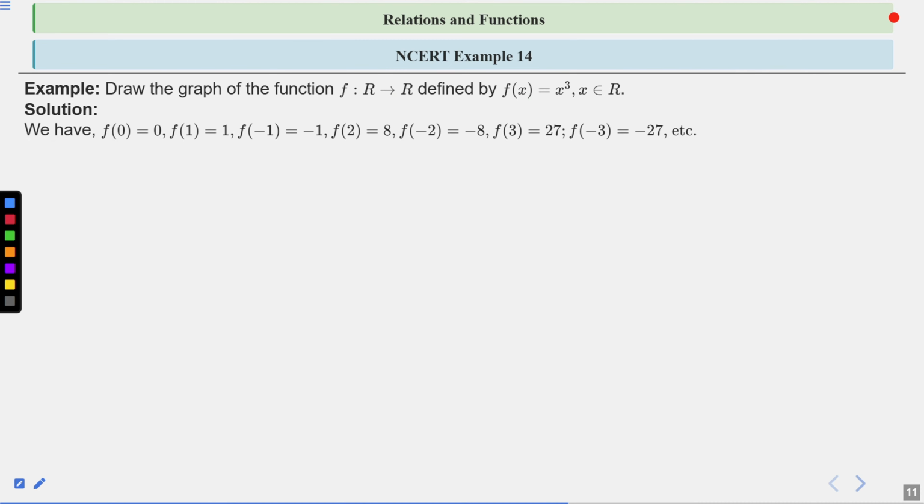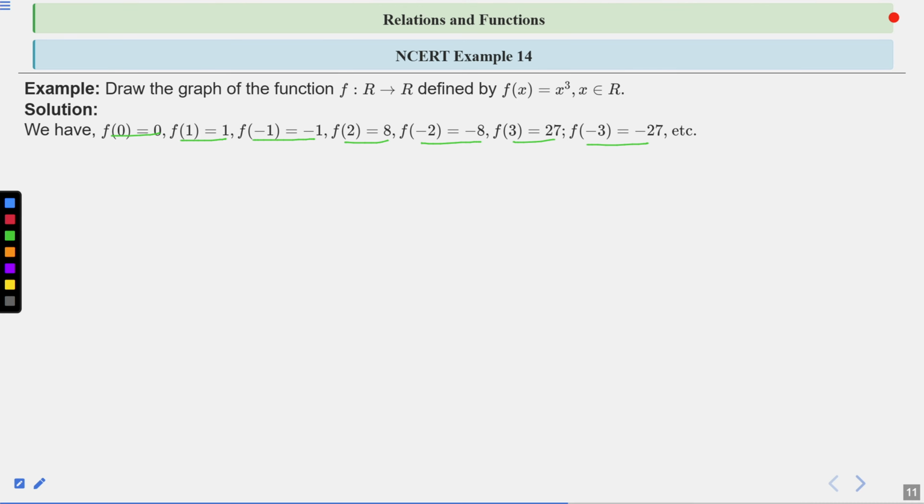So we are going to first of all find out some ordered pairs, or which element is associated to what element. So 0 is associated to 0, 1 is associated to 1, -1 is associated to -1, 2 is associated to 8, -2 is associated to -8, 3 is associated to 27, and -3 is associated to -27, and these points are enough to plot my rough diagram.